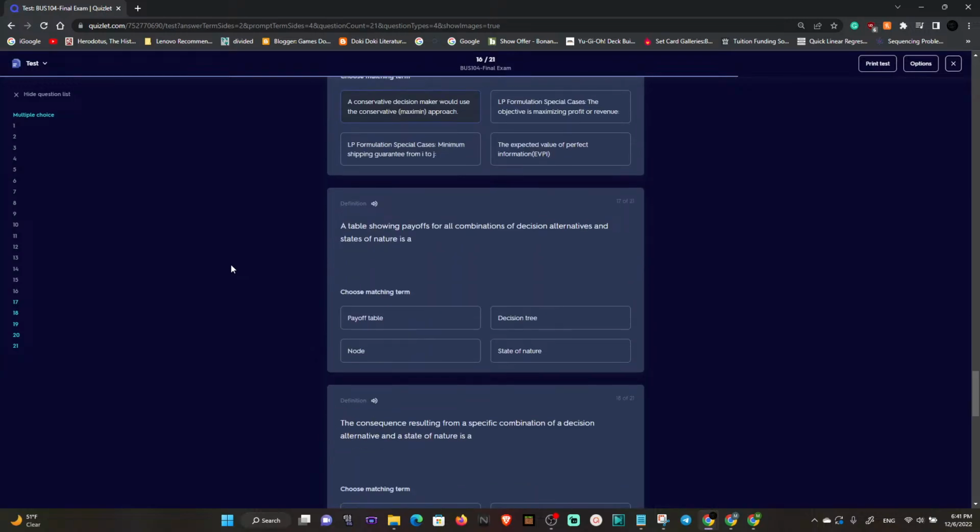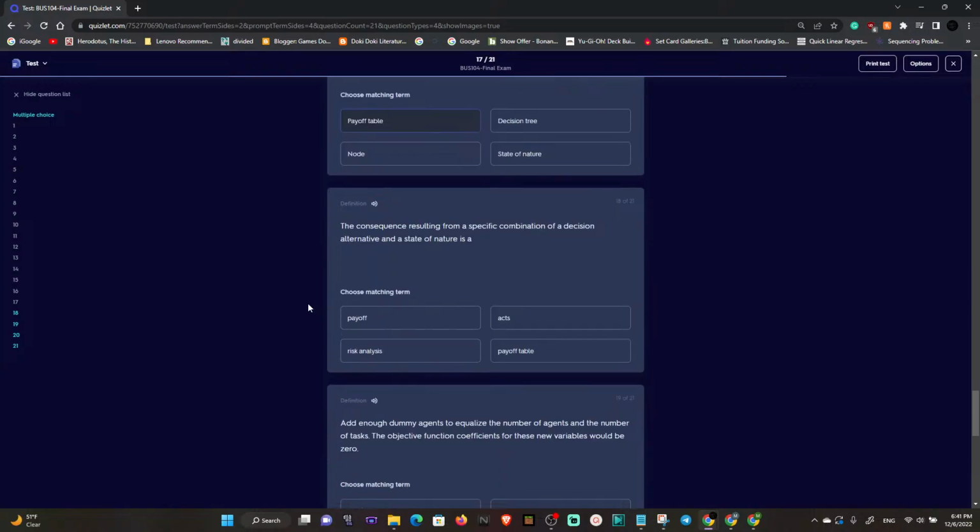A table showing payoffs for all combinations of decision alternatives and states of nature is a payoff table. The consequence resulting from a specific combination of a decision alternative and a state of nature is a payoff.